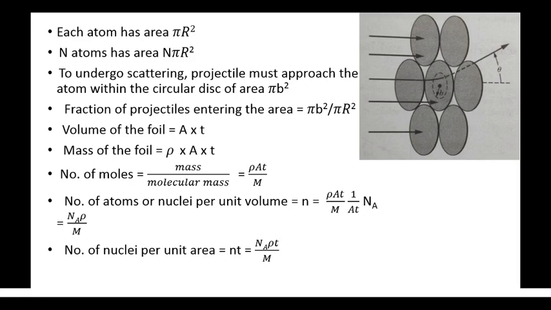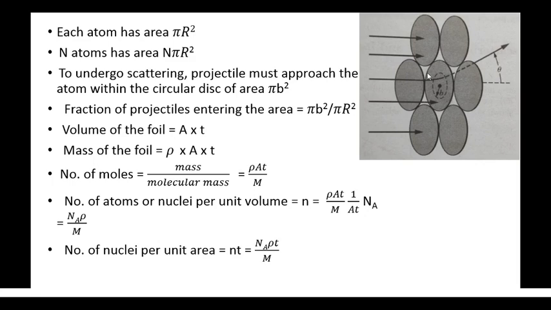Now we are considering a single layer of atoms packed tightly together. So this is a thin gold foil, a single layer of atoms which is closely packed.